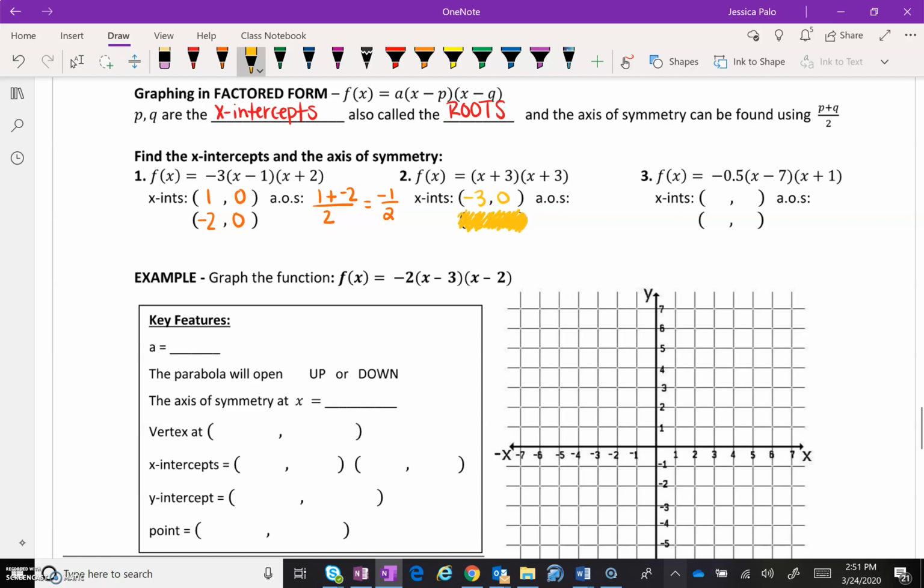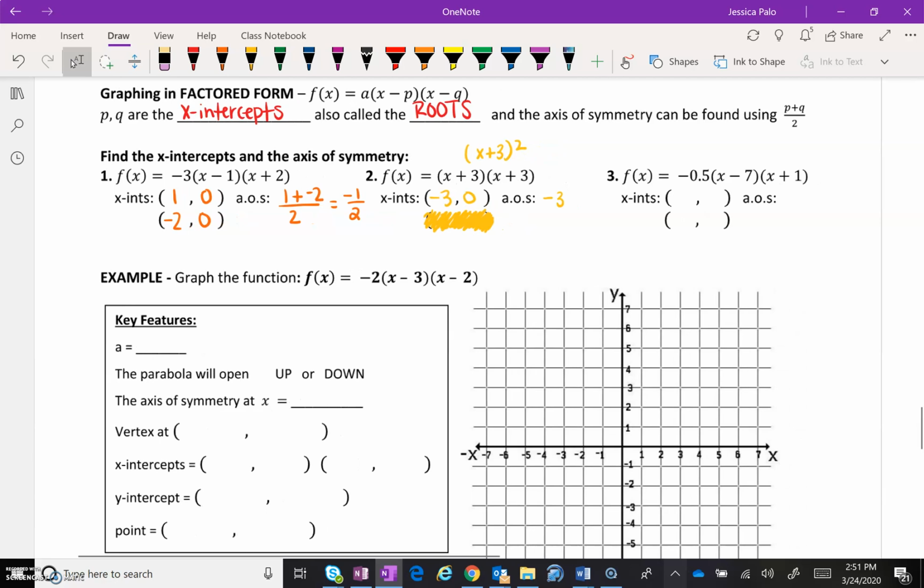And this function should and could actually be written as x plus 3 squared rather than x plus 3 times x plus 3. So since the only root is negative 3, 0, that is also the vertex. So we already know that our axis of symmetry is negative 3.